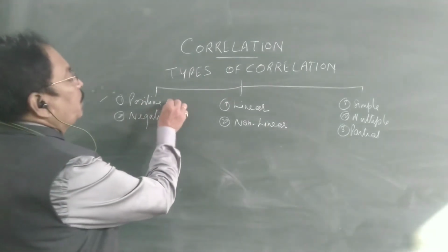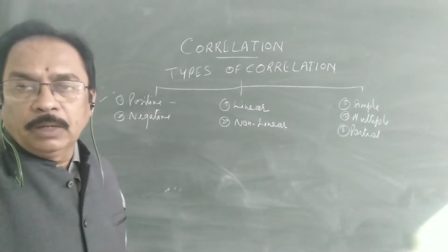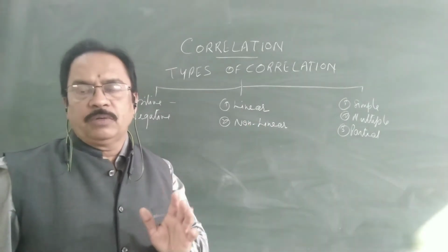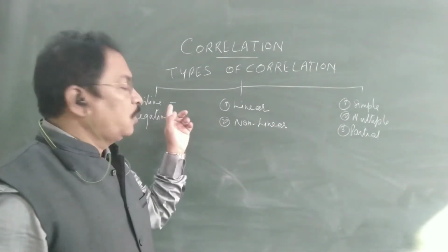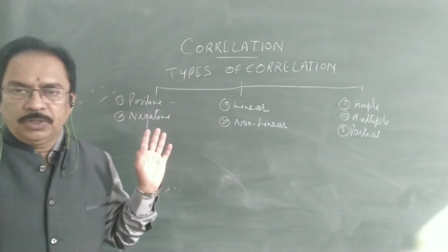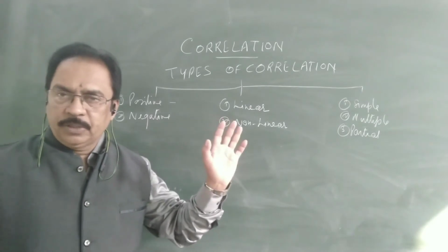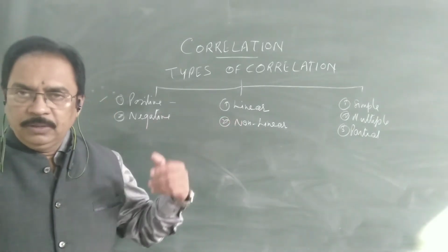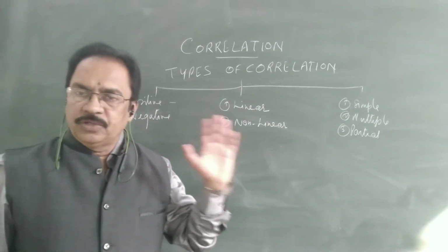Like income and expenditure: if the income of a person increases, the expenditure will also increase. Both variables are moving in the same direction, that may be increasing or decreasing.